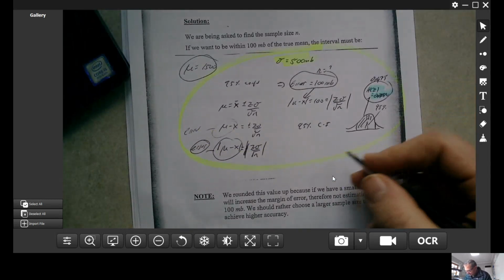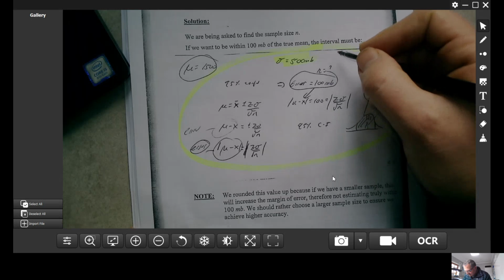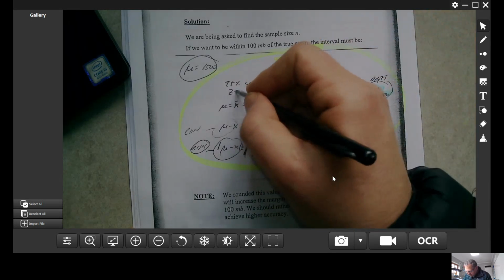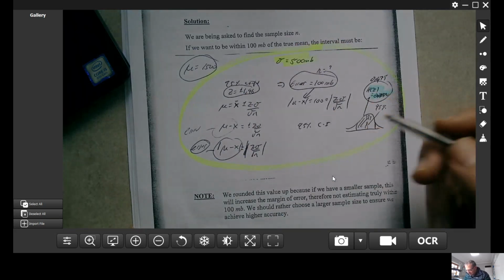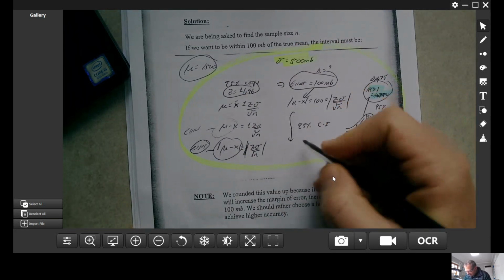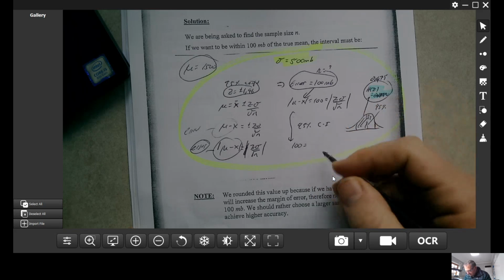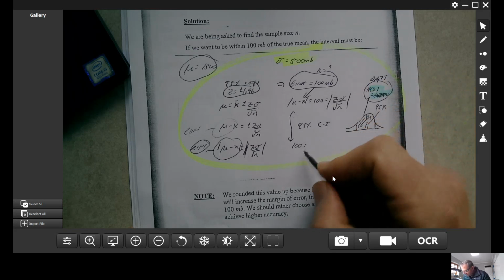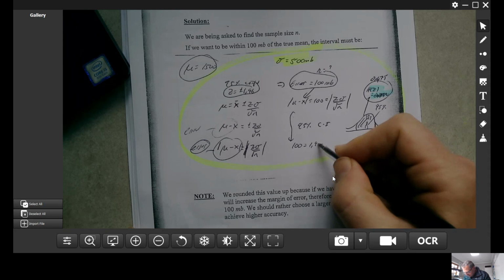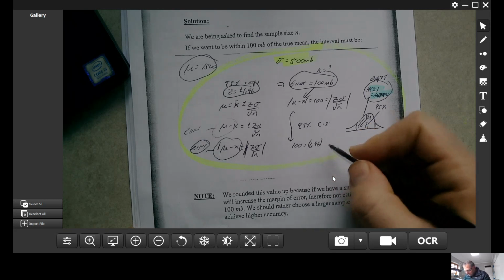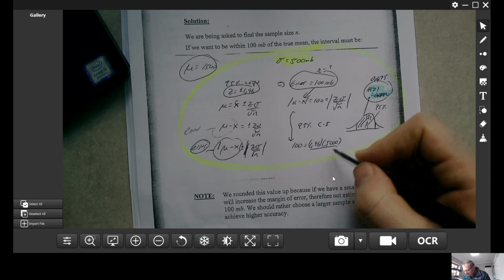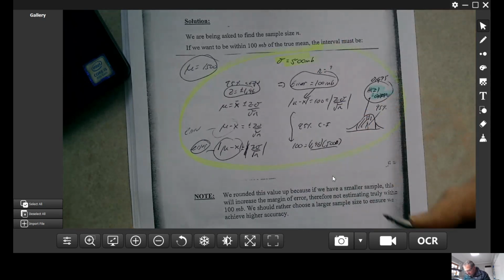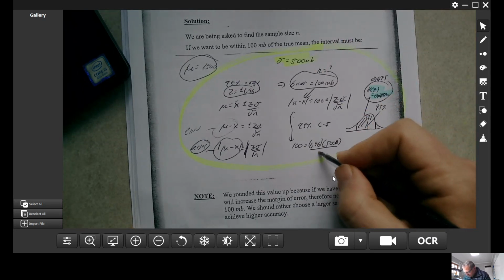So for a 95% confidence interval, z is equal to plus minus 1.96. But if I put an absolute value, it becomes positive, so we don't have to worry about the negative score. I get 100 is equal to 1.96 times sigma, which is 500, over root n.